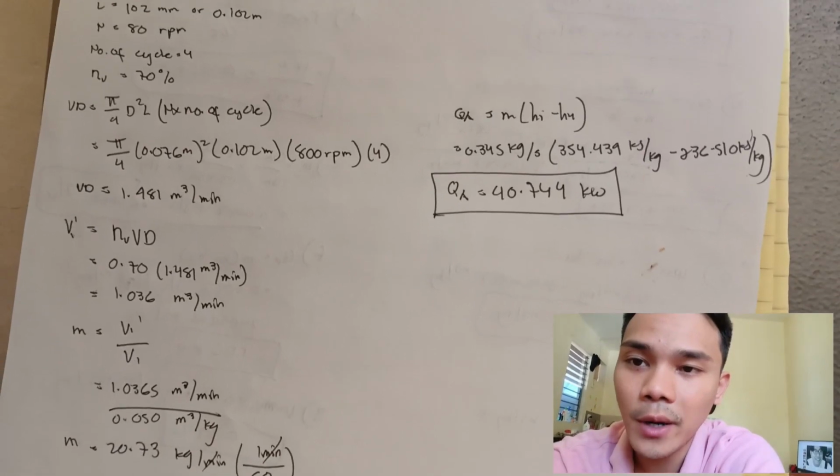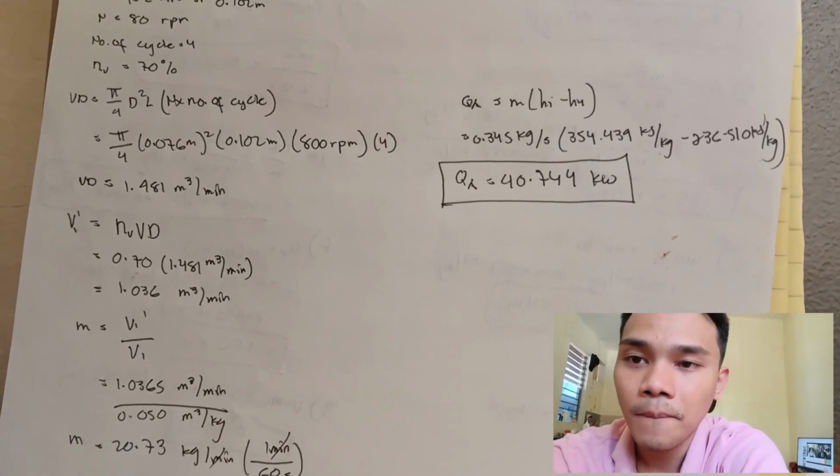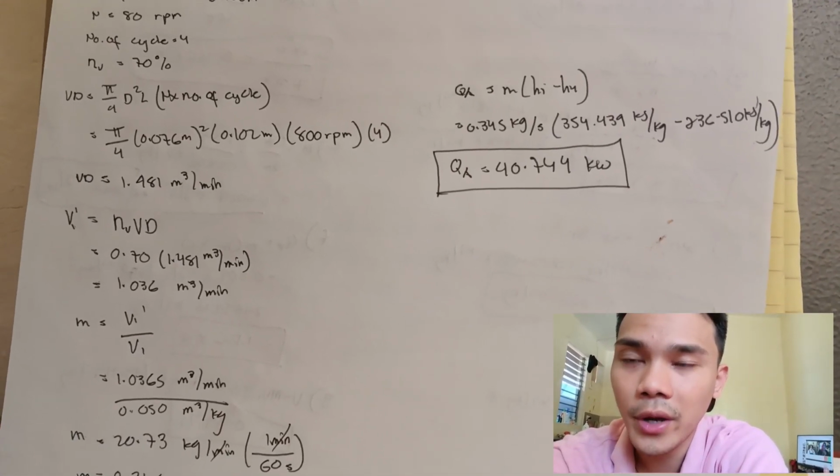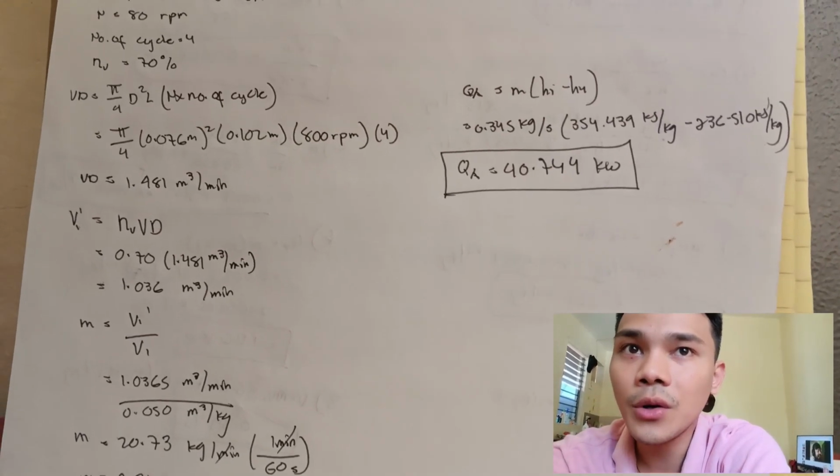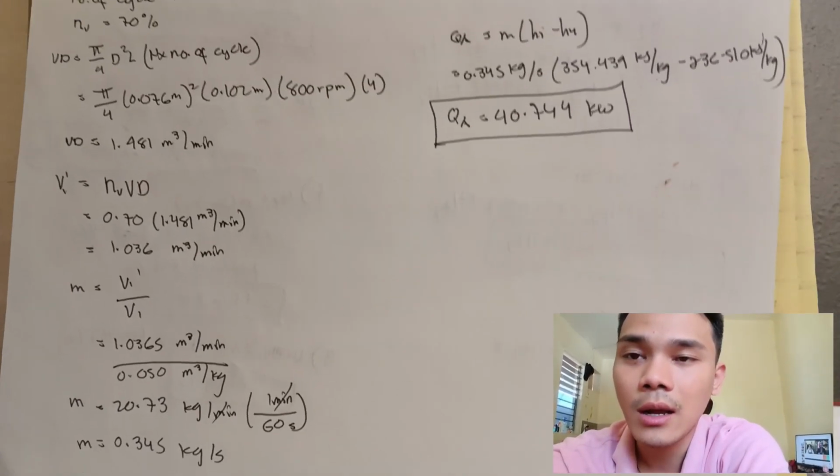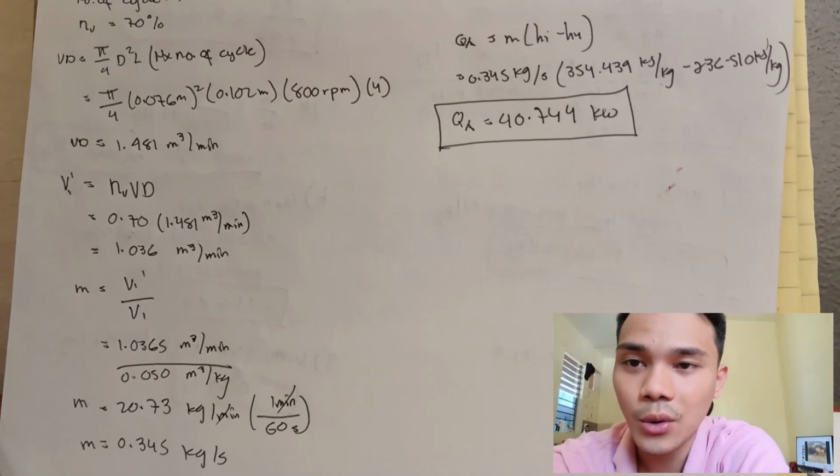So next, the last thing we are looking for is QA, or the refrigerating capacity in kilowatts.